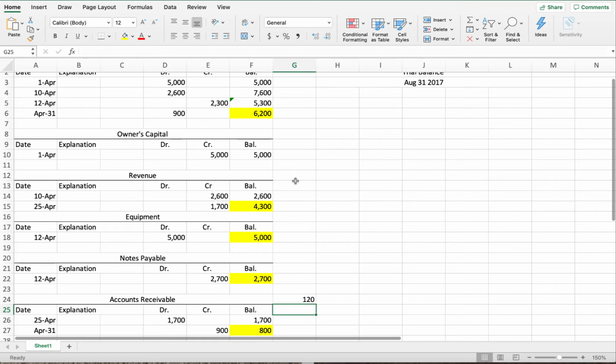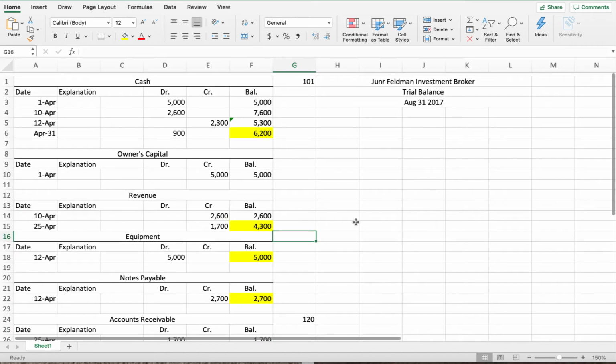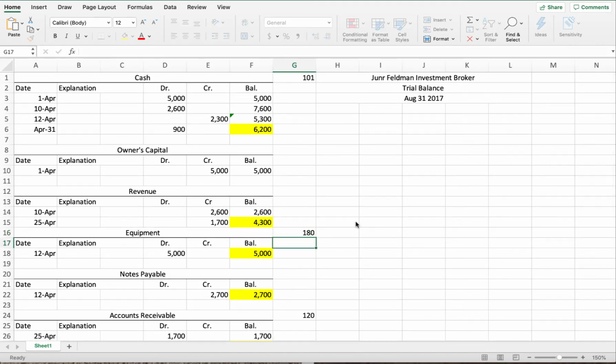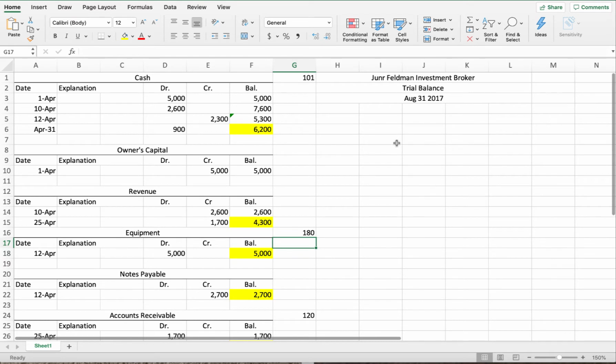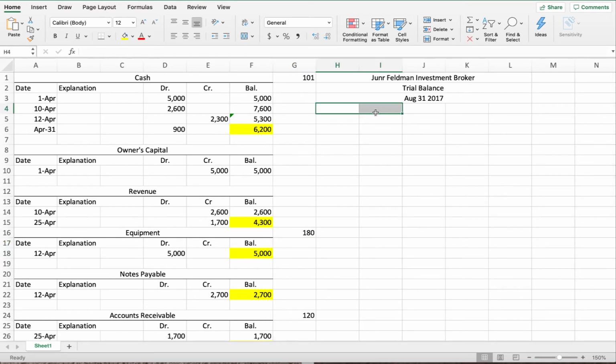That's fine. The next thing we have is going to be our equipment, right? Equipment's usually always one of the last assets that we list. And we'll say this asset's 180, okay? So I'm going to go ahead and create my trial balance. I'm going to do the assets first, okay?